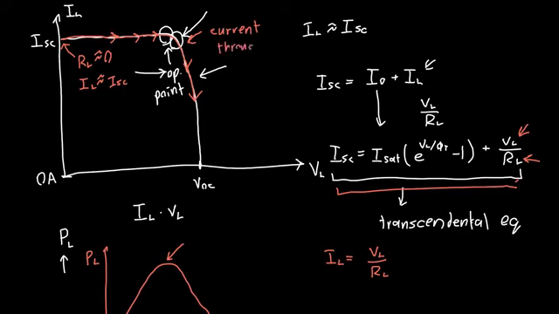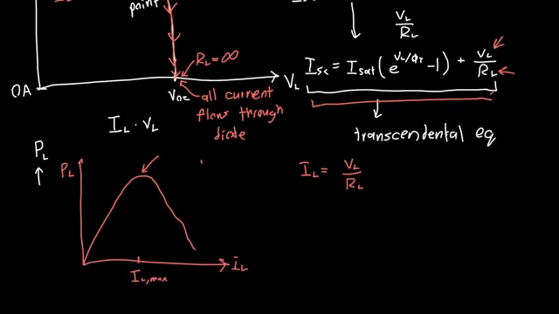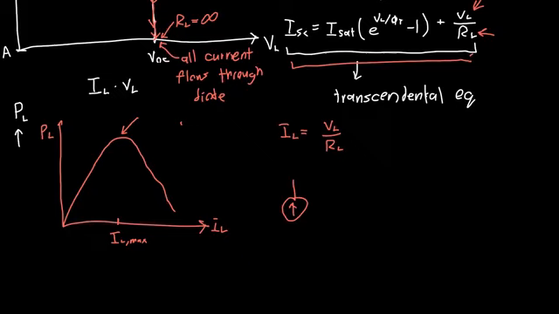As we continue to increase RL to infinity, the voltage gets larger and larger, but the current starts to drop off a cliff. At this point, all of our current flows through the diode.